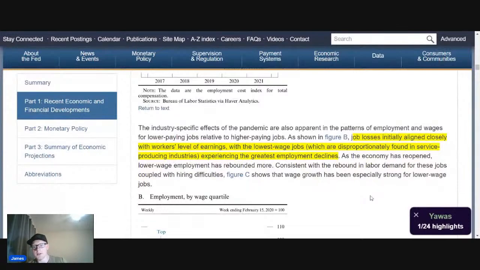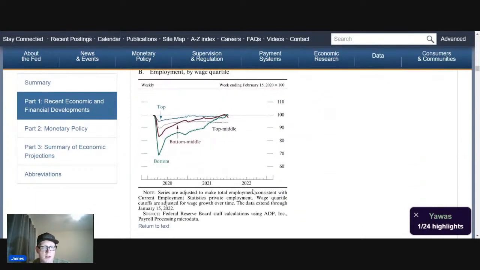So job losses initially aligned closely with workers' level of earnings, with the lowest wage jobs, which are normally in the service producing industries, experiencing the greatest employment declines, which we see here, where it's broken up into your top, bottom, and then dividing the middle class-ish. I don't know if it's really classes, it's quartiles in earnings, so kind of, not really.